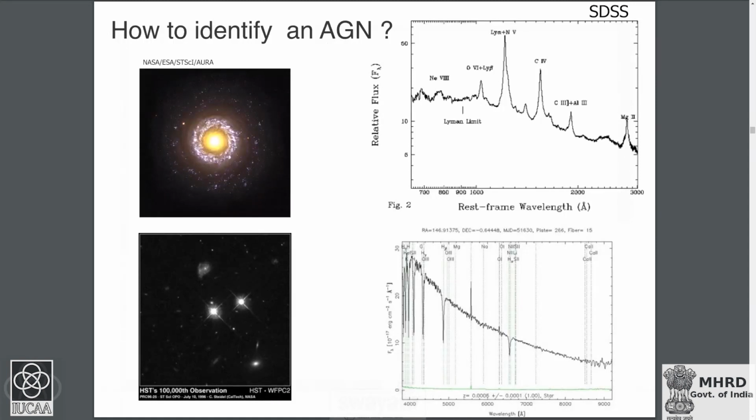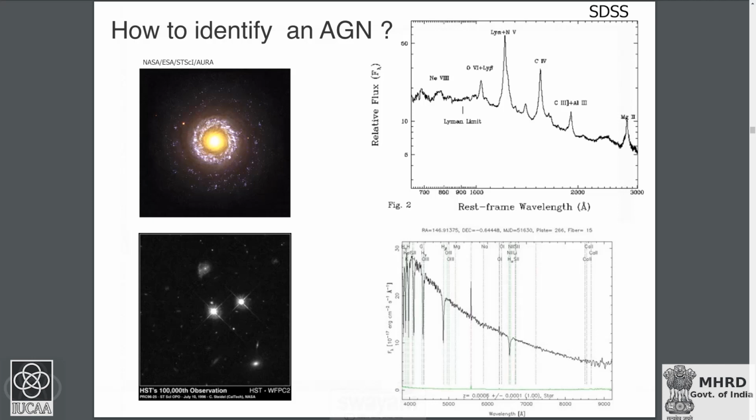But how do we recognize an active galaxy from a normal galaxy? What is shown on the right are two spectra. One spectrum has a continuum, and superposed on the continuum are absorption lines. This is the spectrum coming from a normal galaxy. What is shown on the top is the spectrum coming from an active galaxy.